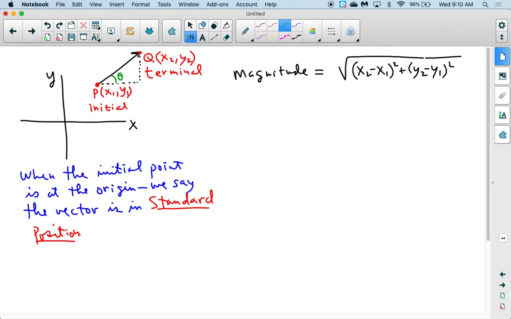To find theta, we recognize that the tan of theta is equal to y2 minus y1 divided by x2 minus x1.